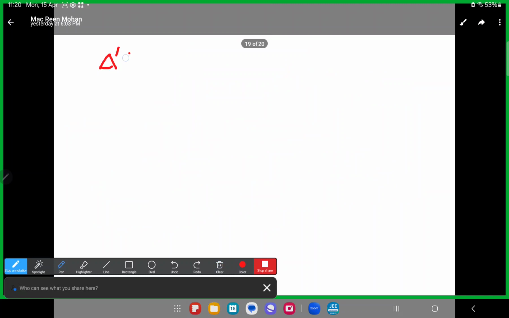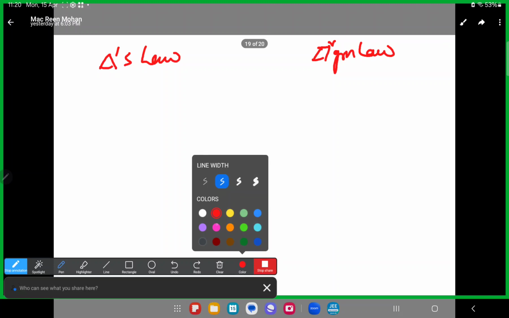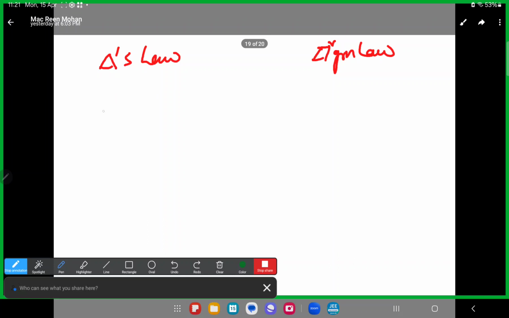Fine. So let's quickly see triangle law and parallelogram law together. If we are talking about triangle law, let's say we have three vectors.